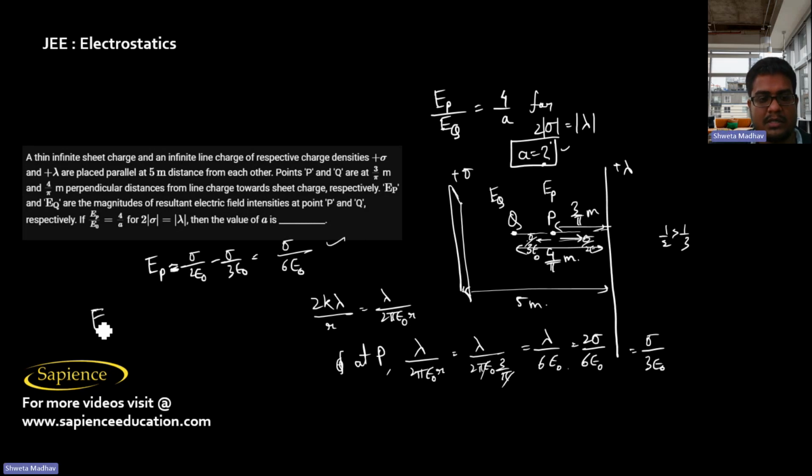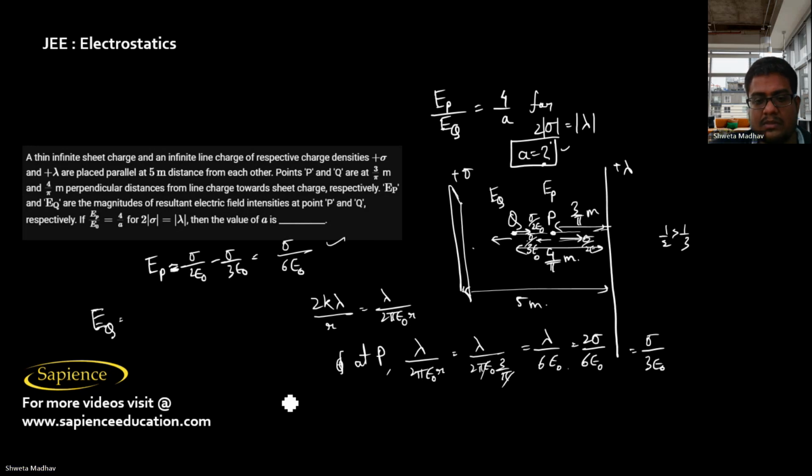And similarly, the electric field at the point Q will be equal to: here we have sigma by 2 epsilon naught towards the right, and towards the left we will have 2k lambda by r.